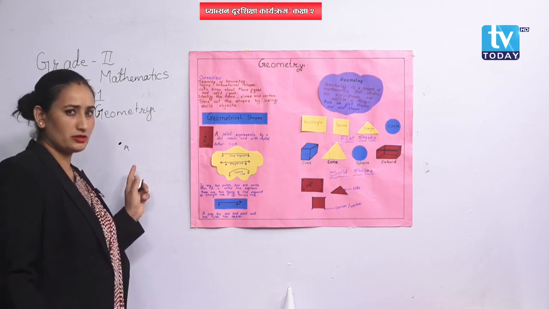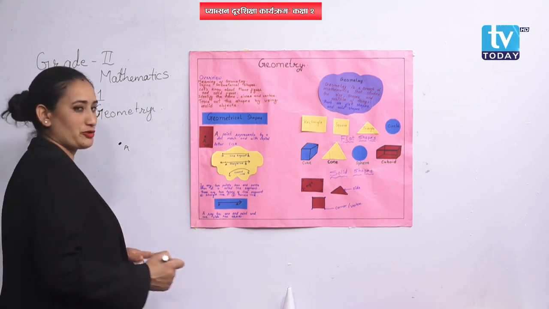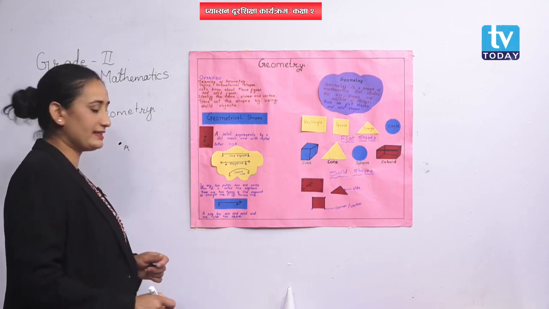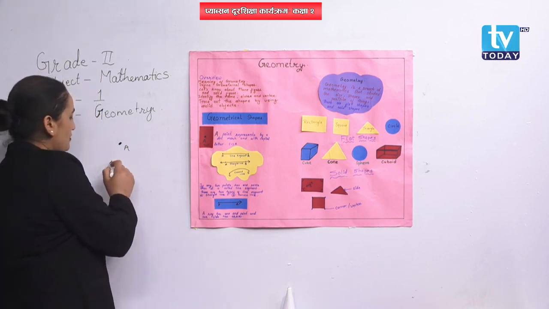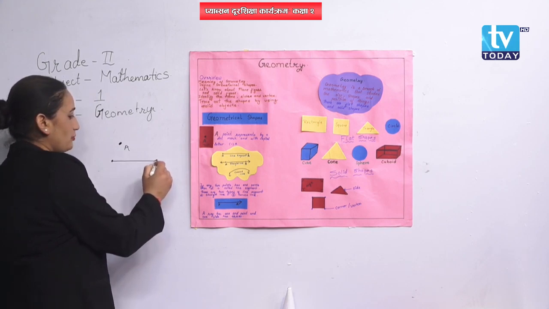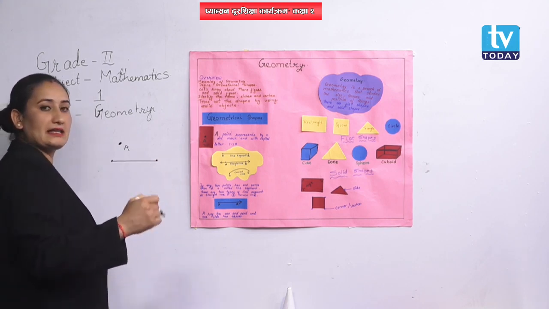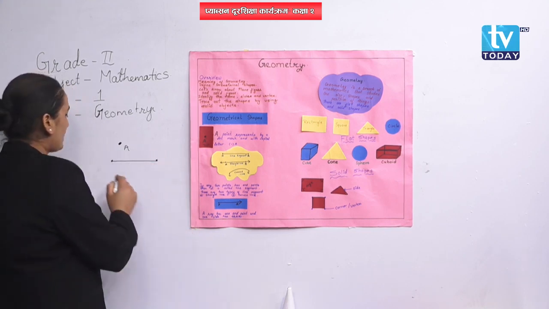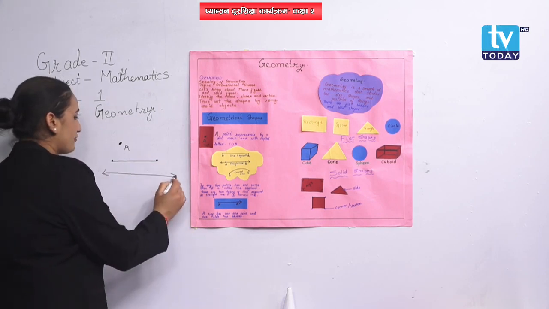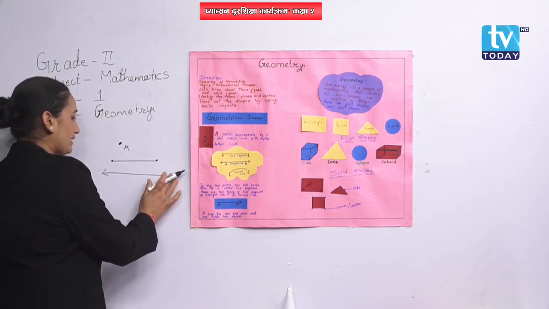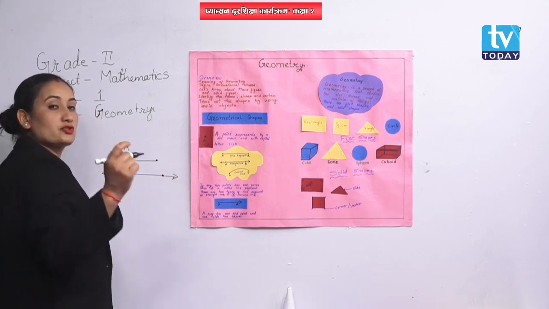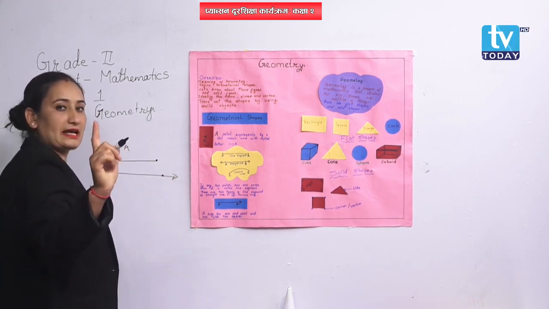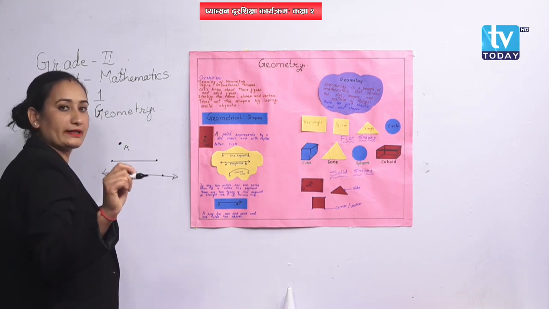Then after that, line. We used to make a line in our school, right? So we are talking about line. If the line starts from one point and ends at another point, we call it a line segment. If the line goes and never ends, then we call it a straight line, and it doesn't have any ending point.